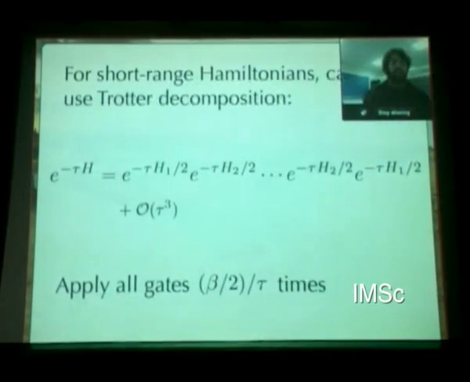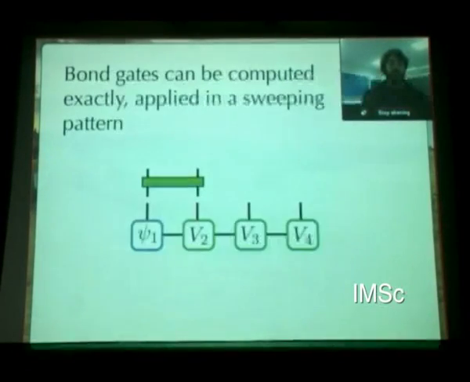So take beta over 2, and you can chop it into even smaller pieces, with tau some small number less than 1, like 0.1. This way you're making errors of order tau cubed. With tau small enough, you have a controlled way to factorize the operator e to the minus beta over 2, first into pieces of size tau, and then you can also factorize it in space, only making small errors as shown.